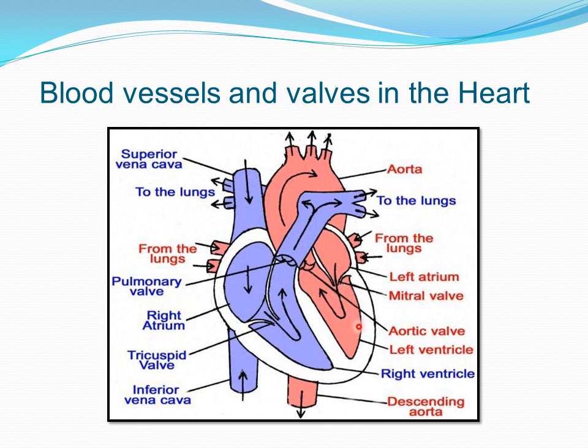This in turn pushes the blood through the aorta to different blood vessels, which transmit the blood to different parts of the body. Is it clear to everyone? Now this is the aorta, which is carrying the oxygenated blood, and this is the pulmonary artery, which is carrying the deoxygenated blood to the lungs. The aorta carries the oxygen rich blood to different blood vessels in different parts of the body.